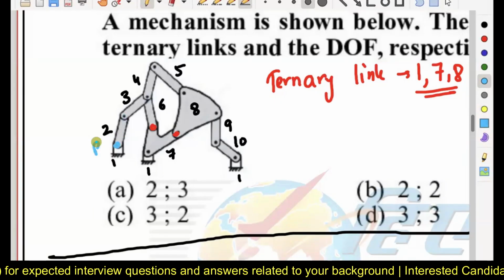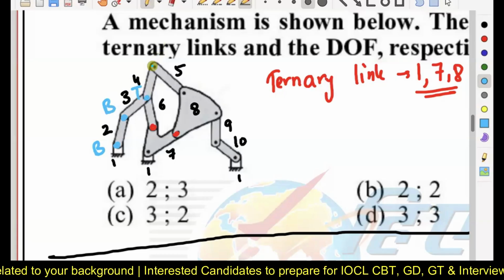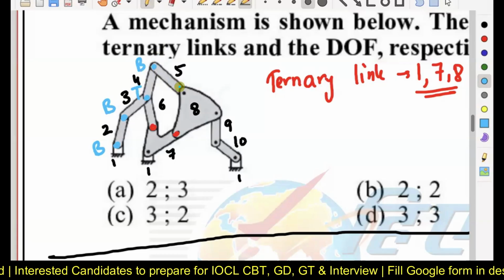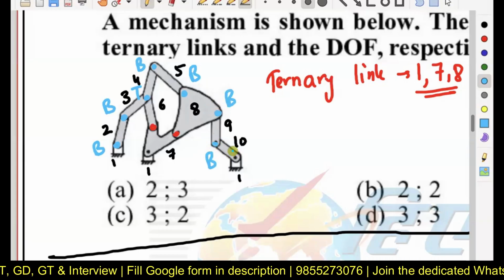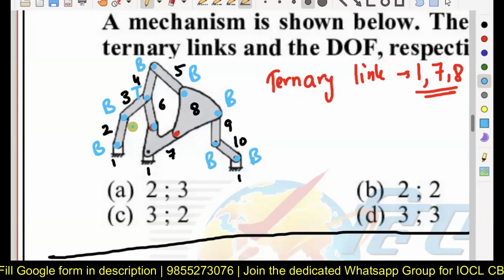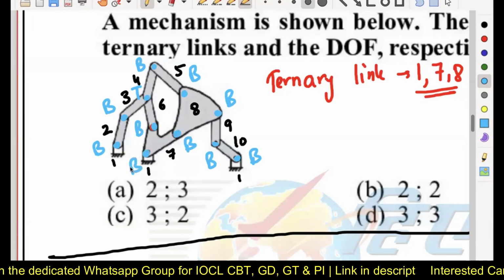This is a binary joint. This is a binary joint. This is a ternary joint. This is a binary joint. This is binary, binary, binary, and binary here. This is also a binary. This is also a binary, and this is also a binary here.